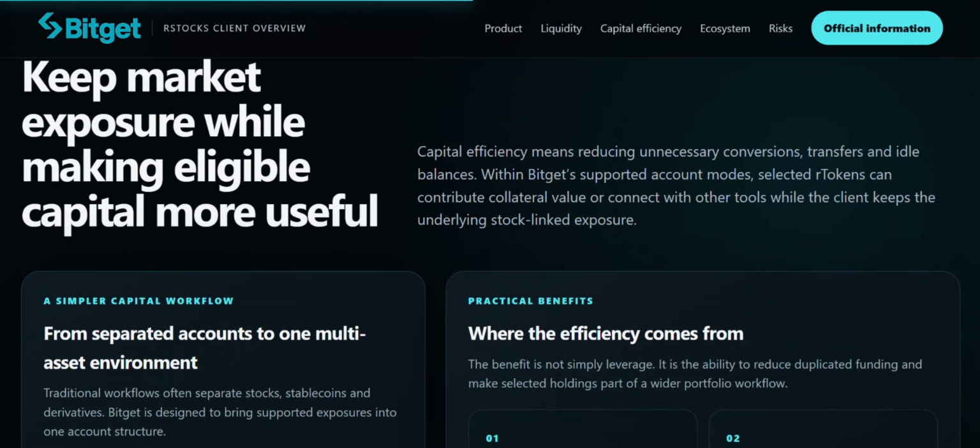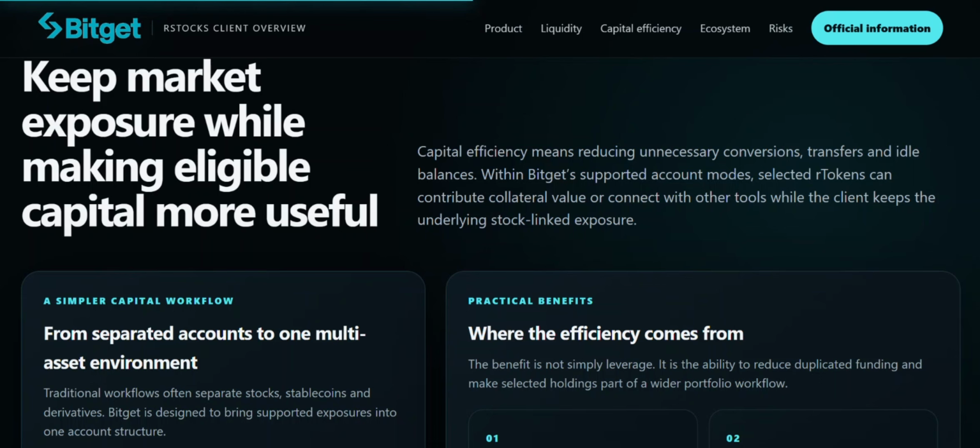Capital efficiency means reducing unnecessary conversions, transfers, idle balances, and so on. Within Bitget supported account models, selected tokens can contribute collateral value or connect with other tools while keeping the client's, which is you, underlying stock linked exposure.